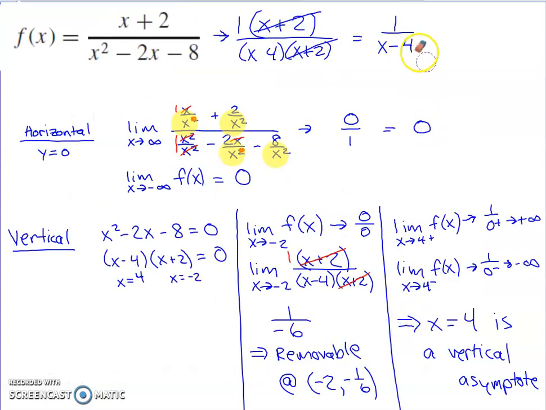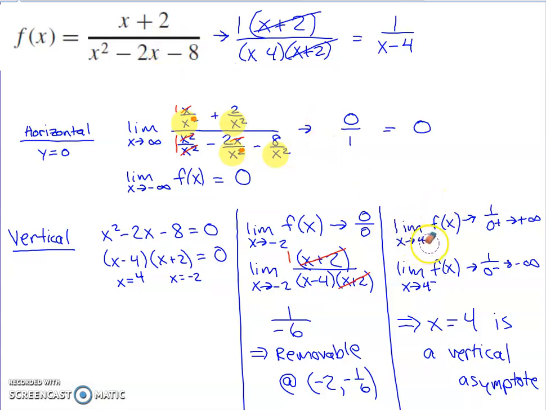But when I'm checking limits, I am allowed to simplify within that process. So you can check these limits with the original version of the function. I think it's a little nicer to check it with the slightly modified version. There's just a little less going on. There are fewer x's in this version of the function than in the original version of the function.